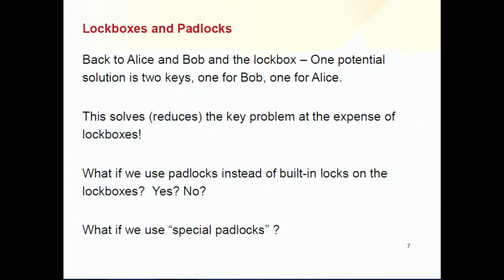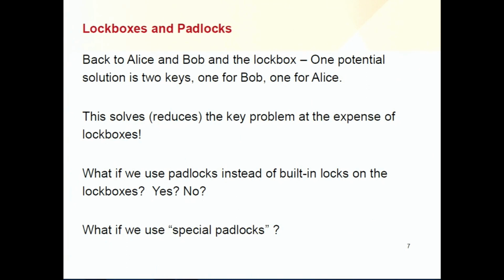So for instance, Bob could put the message in there and lock it, and then send it to Alice. Then Alice locks it with her key. Sends it back to Bob. Bob unlocks his side, sends it back to Alice, and now she can unlock it, and voila, there's the message, and she can read it.